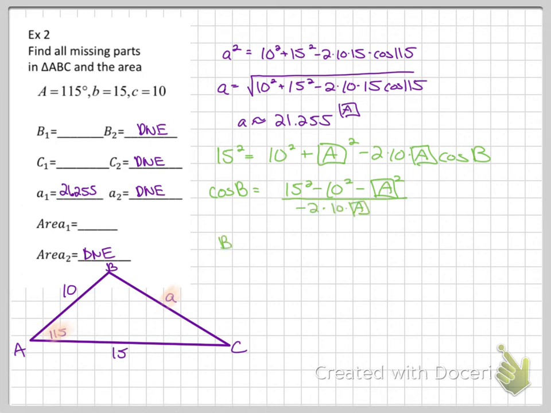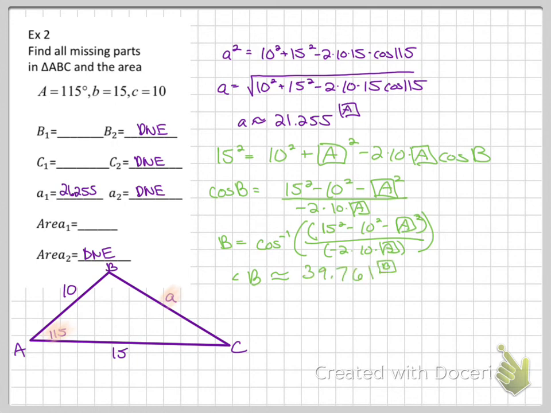So then I'm going to do inverse cosine, parentheses on the top, close those parentheses, divided by parentheses on the bottom. And then you should get angle B to be approximately 39.761. And you should store that in button B for your calculator.